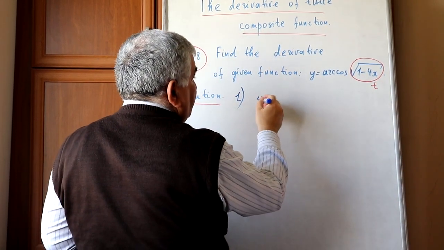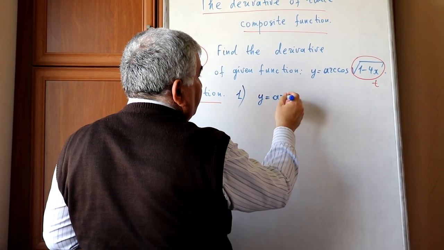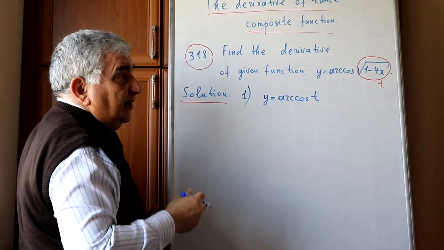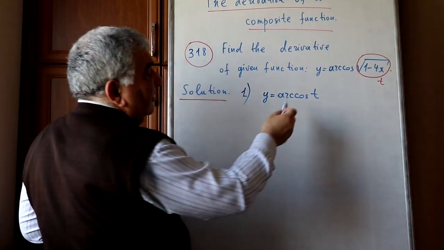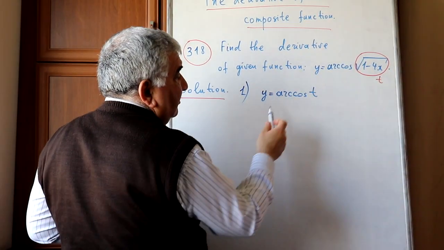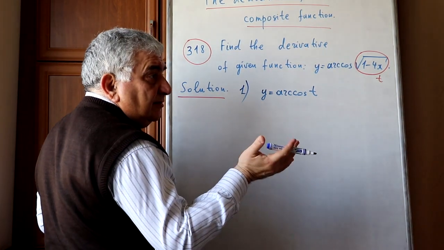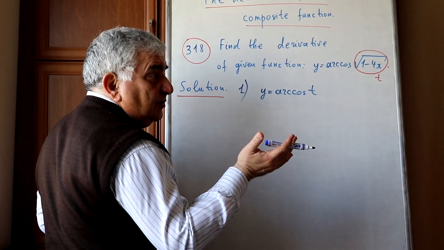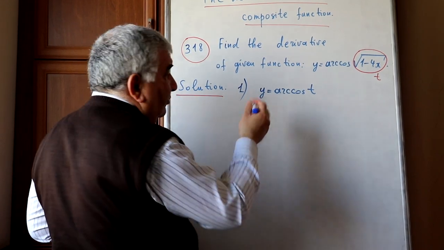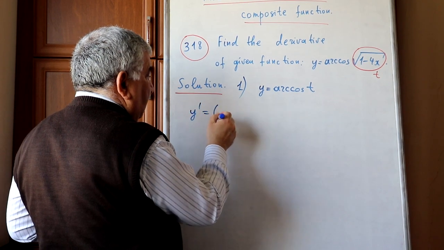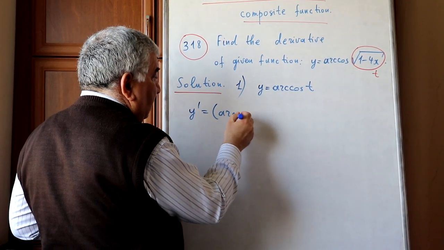Then we have y equals arccosine t, and it is a composite function because t also depends on x. Then you find the derivative of this composite function. Y prime is arccosine t prime.